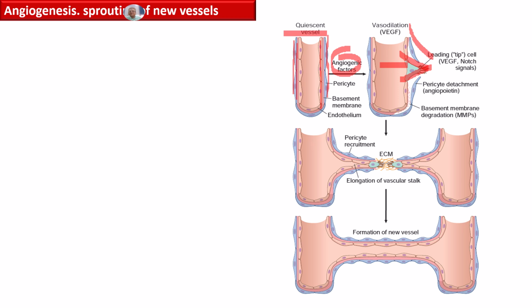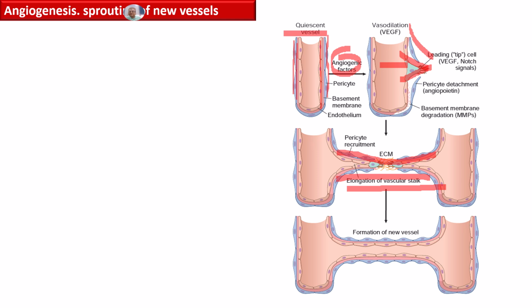Then the next step is the elongation of the vascular stalk and the recruitment of the pericytes, that is shown in this frame. So there is elongation of the vascular stalk, that is a tubular extension of the endothelial cells through the extracellular matrix.